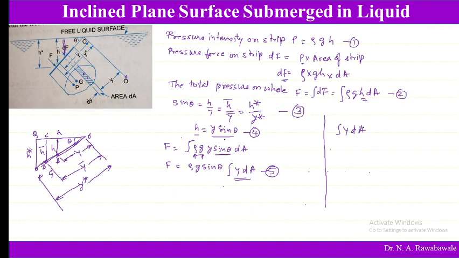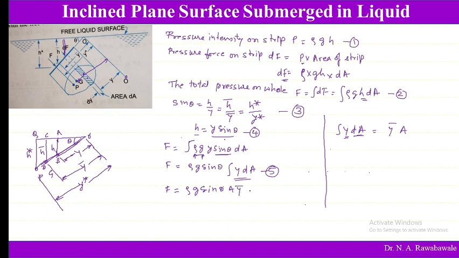So this can be written as small dA becomes complete area A, whereas y becomes the distance of center of gravity of this complete area from this free surface, from the axis O. So this distance is y bar. So A y bar. Therefore force F is equal to rho g sine theta A y bar.